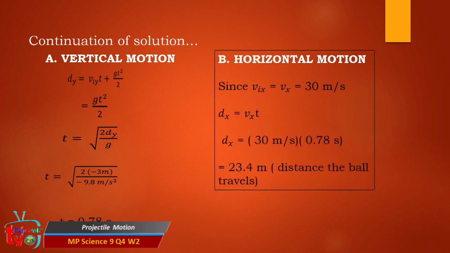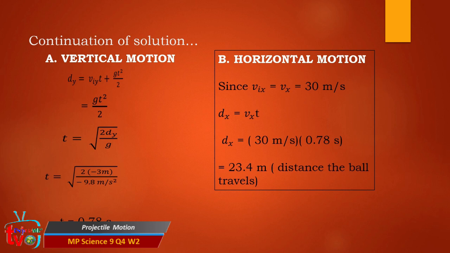For the horizontal motion, since we have said that the initial velocity will be equal to the velocity of the moving object all throughout, the formula there is d sub x is equal to v sub x times time.